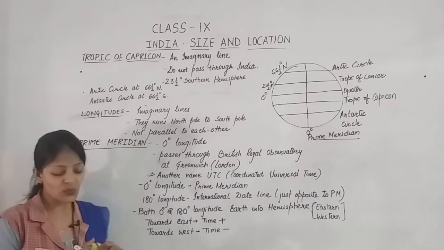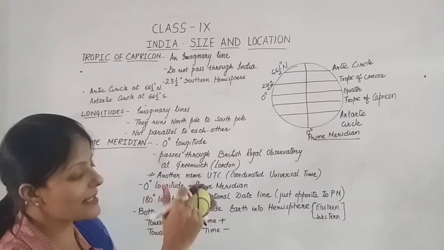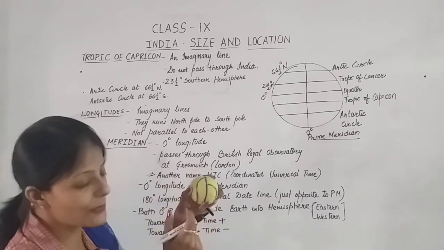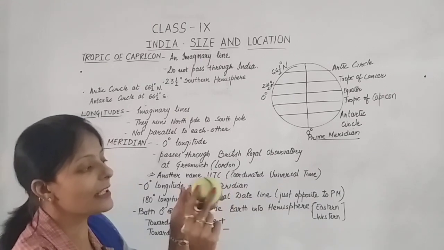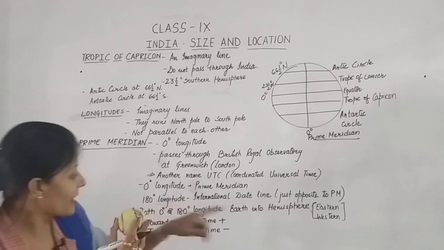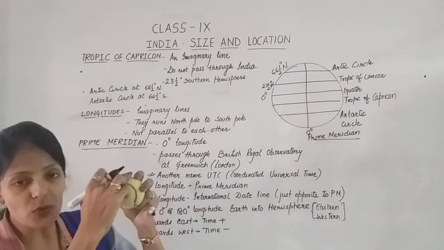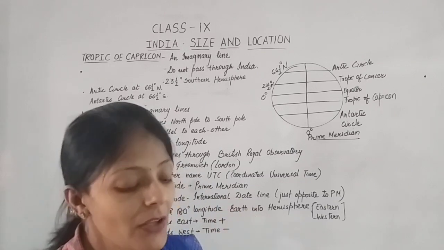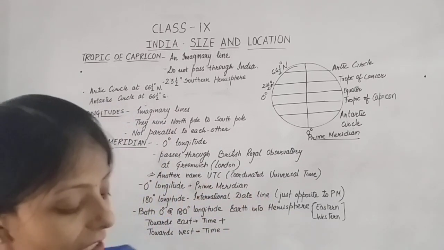Listen students. The front portion of this line is known as the prime meridian, whereas the back portion is known as the international date line.